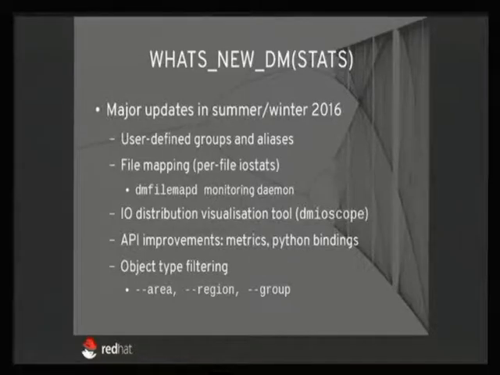I'll explain more about the monitoring daemon that comes with that and why it's necessary later. There's also a little tool, started off really as a toy to solve one particular customer problem, but I think it's going to be generally useful. The original name of it, well, my boss thought it looked like a rude word, so I came up with the name IOSCOPE. It's a way of visualizing your I/O.